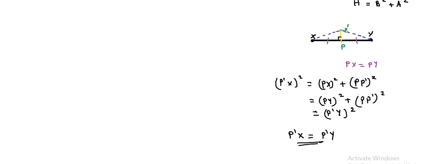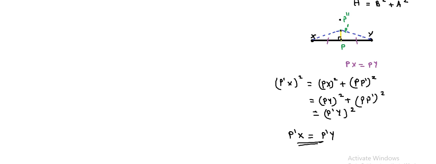So if the point P moves to here, the distance between that point and X will be equal to the distance between that point and Y. So this point here and here satisfies the given condition. Now we move the point P from P dash to some other point P double dash. That is, I am taking this point as P double dash.